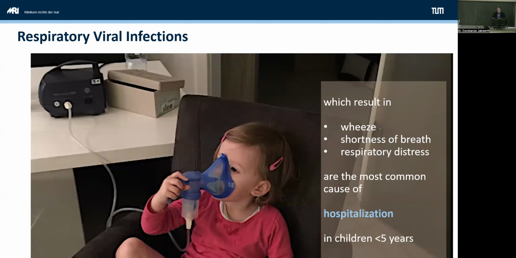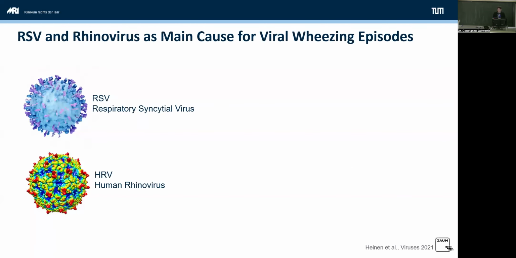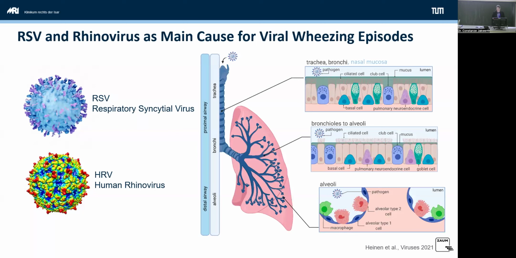And the viruses that mainly cause wheezing in children are the RSV virus, the respiratory syncytial virus, as well as the human rhinovirus. Both of them infect the patient via the upper respiratory tract and infect not only the nasal mucosa, but also mainly the trachea and the epithelium of the bronchi, the bronchial epithelium that you can see up here.